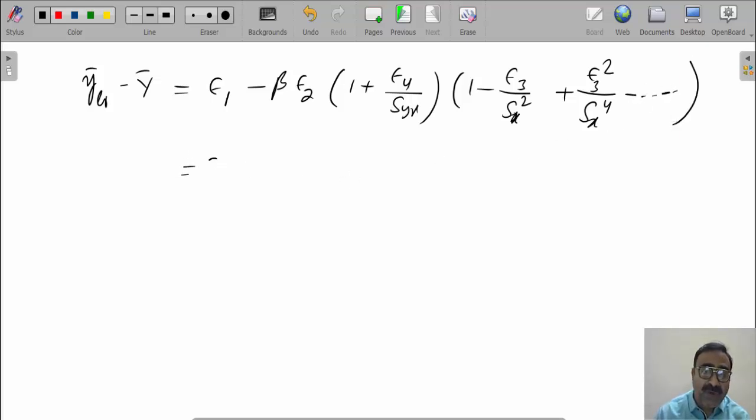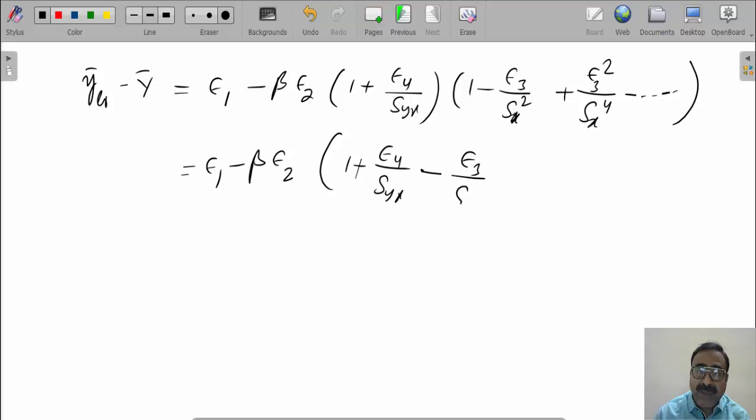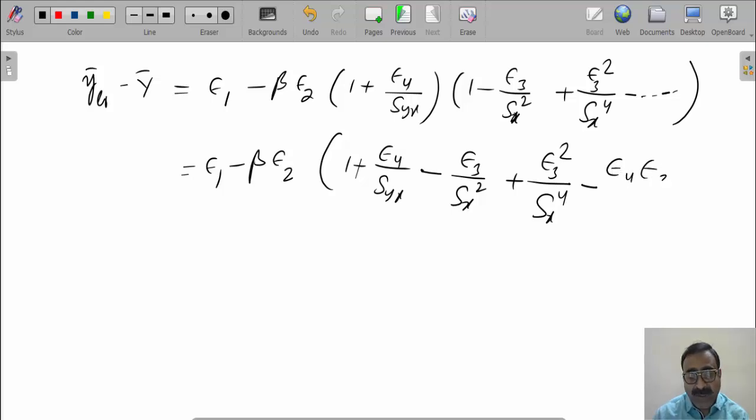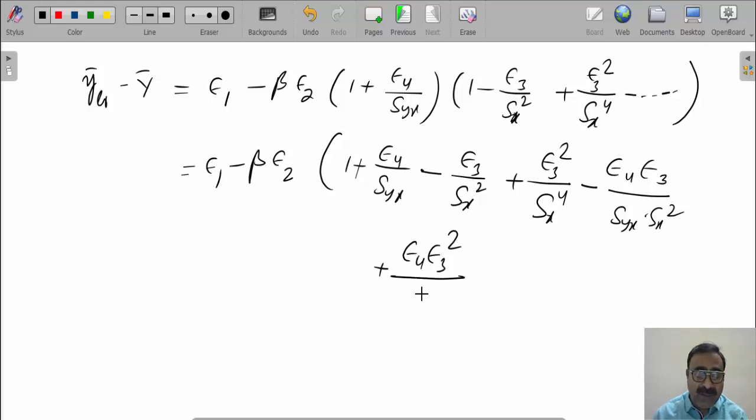So this will be equal to ε1 minus β ε2 (1 + ε4 by S_yx − ε3 by S_x square + ε3 square by S_x to the power 4 − ε4 ε3 by S_yx S_x square + ε4 ε3 square by S_yx S_x to the power 4, and so on).